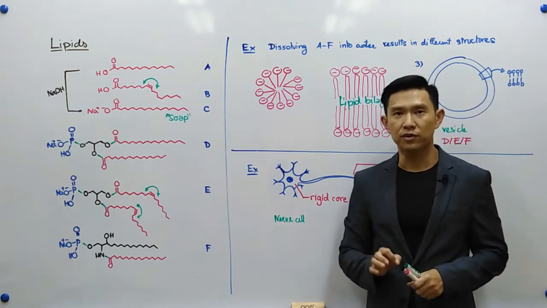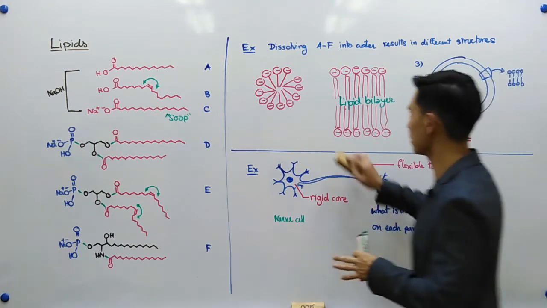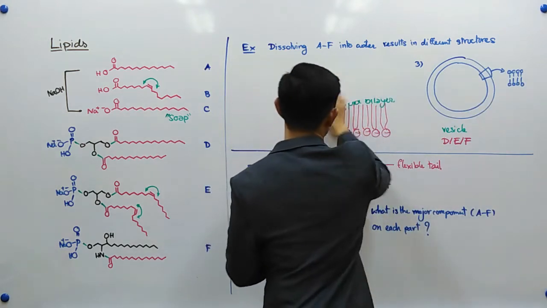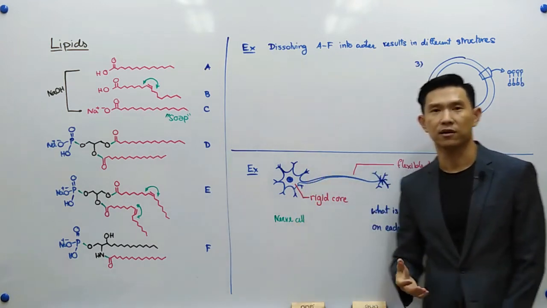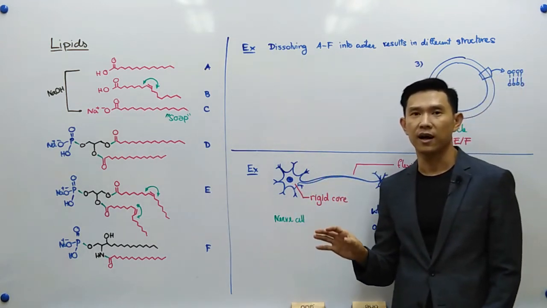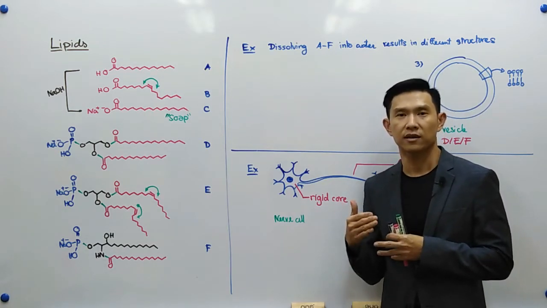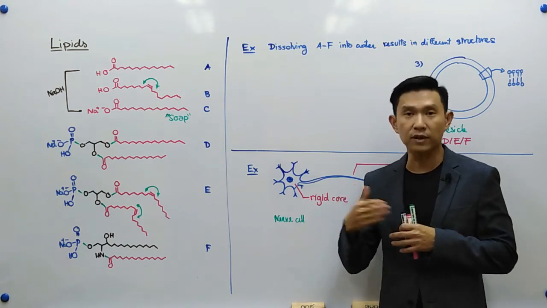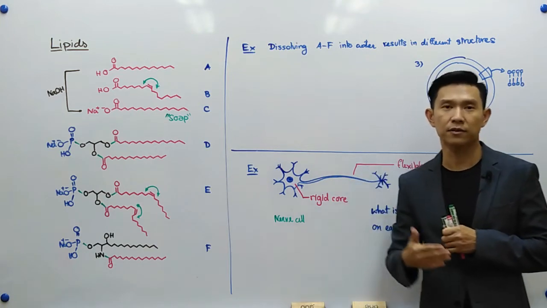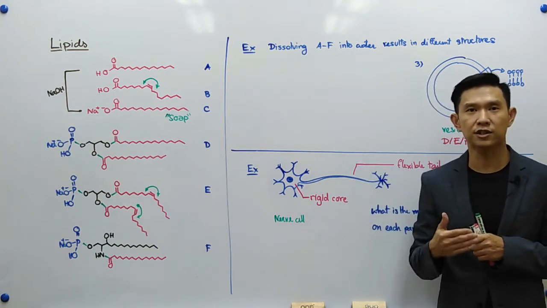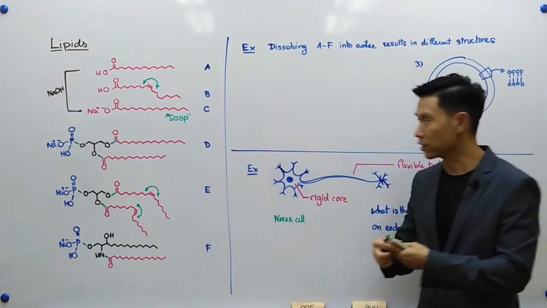Okay, if you finished thinking about it, now let's see what really happened here. At the very beginning of the section, I already talked about the cis isomer and saturation. Firstly, the melting point of saturated fatty acid is higher than the melting point of unsaturated fatty acid. This is because of the packing style of the long chain hydrocarbon, right?